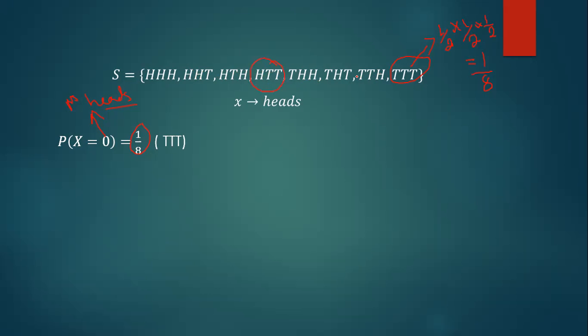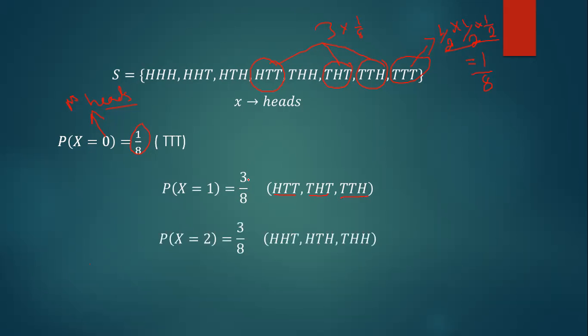Then tail, head, tail. And then tail, tail, head. So those are three, and because their probabilities are the same, times 1/8. So the probability of x equaling 1, where we have one head, is those 3 outcomes, and our probability is 3/8.